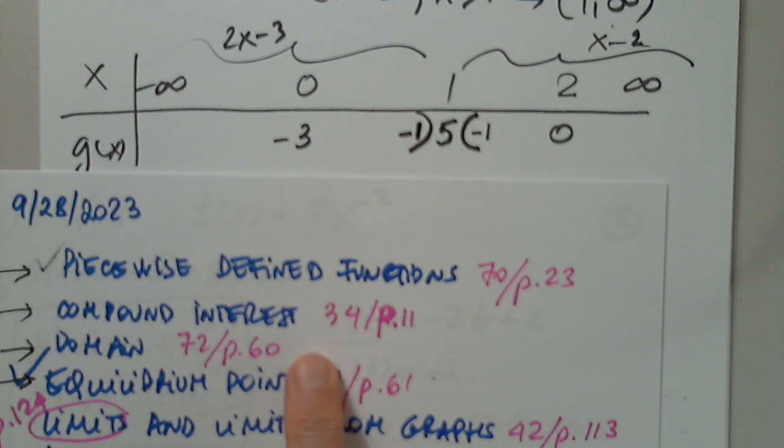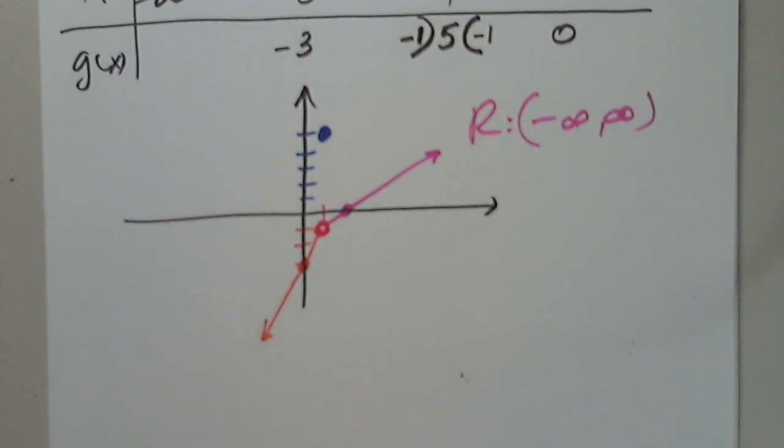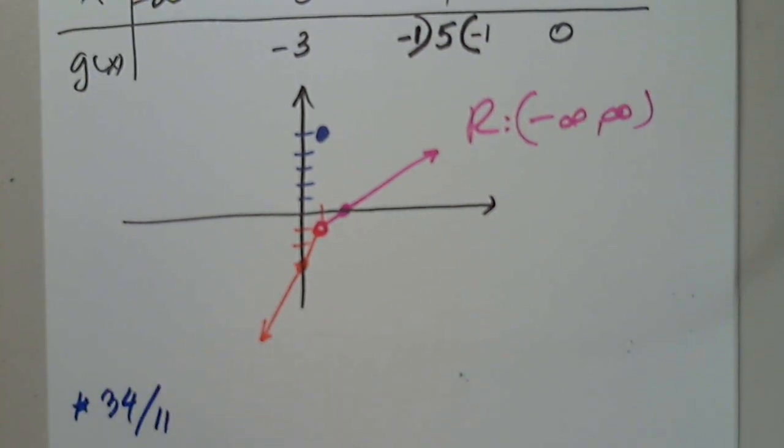Okay, compound interest, 34 on page 11. Let me know if we still need to do this. This is algebra. So 34 on 11.